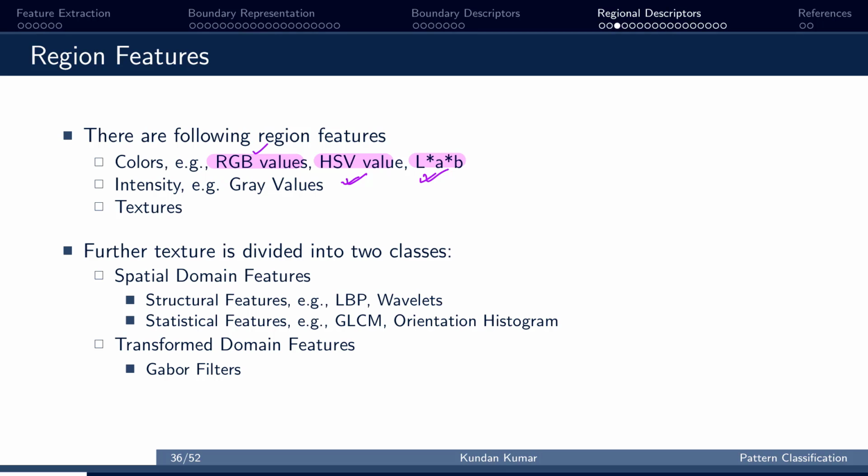So these are basically the regional features. Colors are regional features, intensity, and also the textures as we discussed.